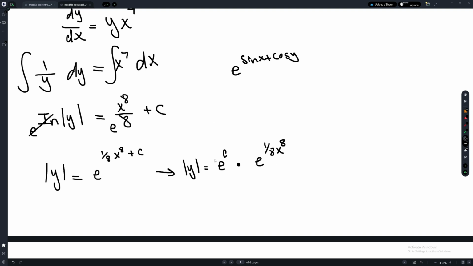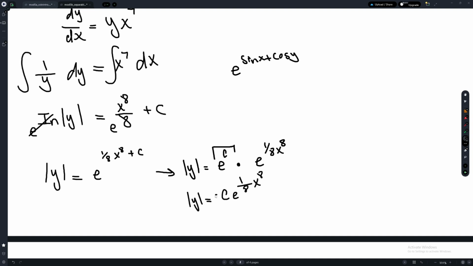Okay, now we can turn this into one constant. Let's say constant c, because remember, arbitrary number. This is not a variable. This is a constant. e is a constant, 2.7 something, and it's raised to the constant. So we can make this whole thing a constant. All right. So now we have y equals c e to the 1 over 8 x to the 8.